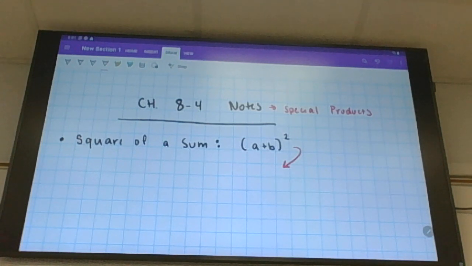So (a plus b) squared. So many people, their whole lives, all four years of high school and even in college algebra, are going to write a squared plus b squared and just be totally wrong. You cannot distribute into a sum.